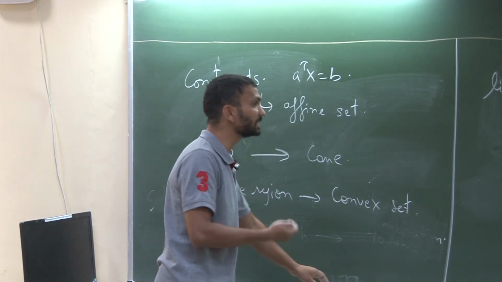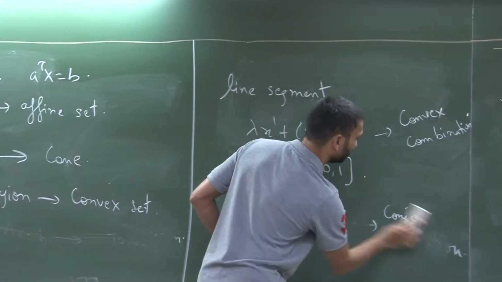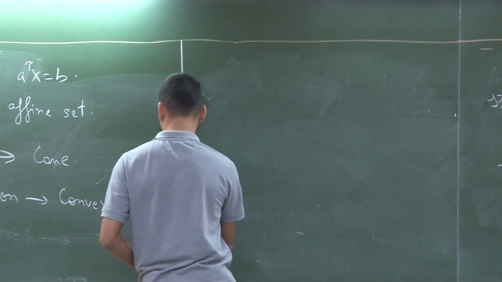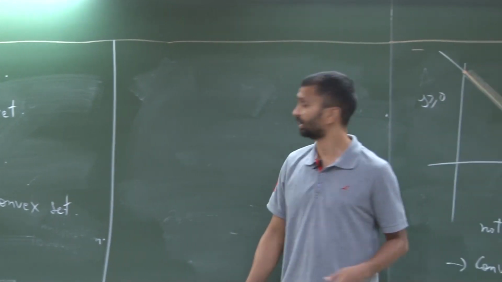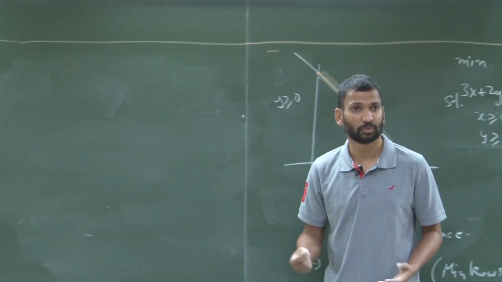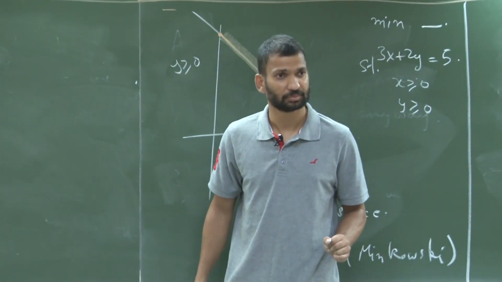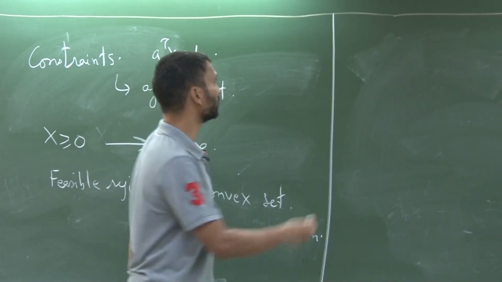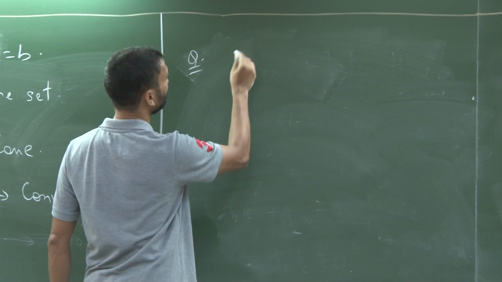So all these shapes, all these combinations are going to arrive when we study linear programming. Make sense? And this is what we are going to do, study these combinations. That's the plan for today. Okay? Just to make sure that you understand what is going on, which statement is correct.